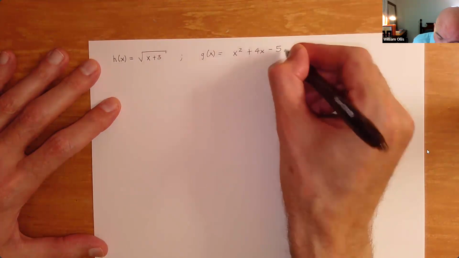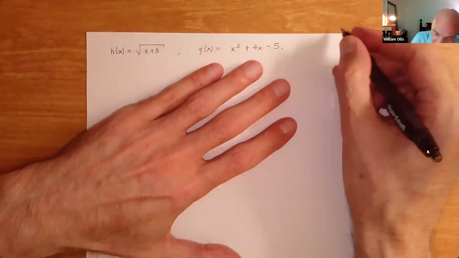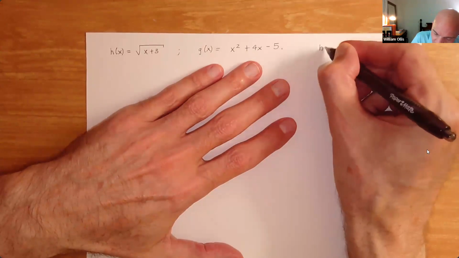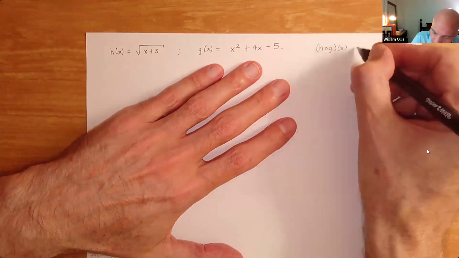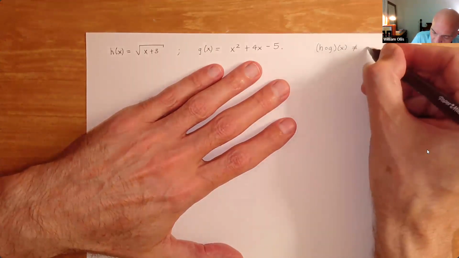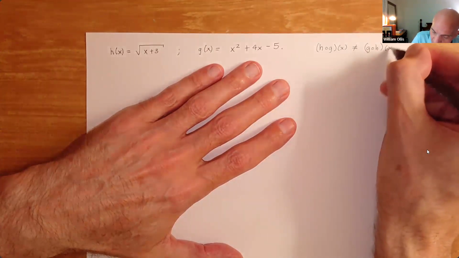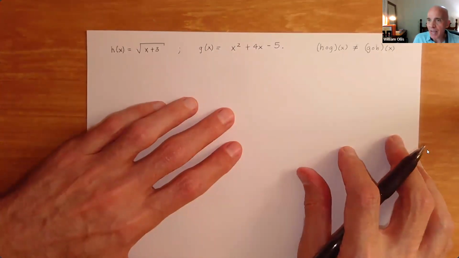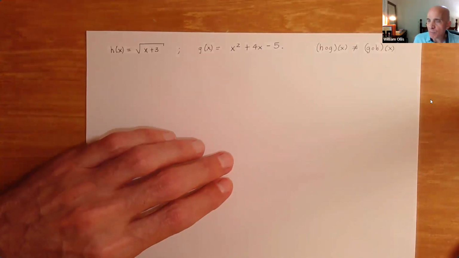Now, like I said before, in general, if we switch letters, that is, if we said h circle g of x, in general, this would not be equal to g circle h of x. That is, if you interchange the role of the inner and outer function, there's no reason to ever believe that this would be true.